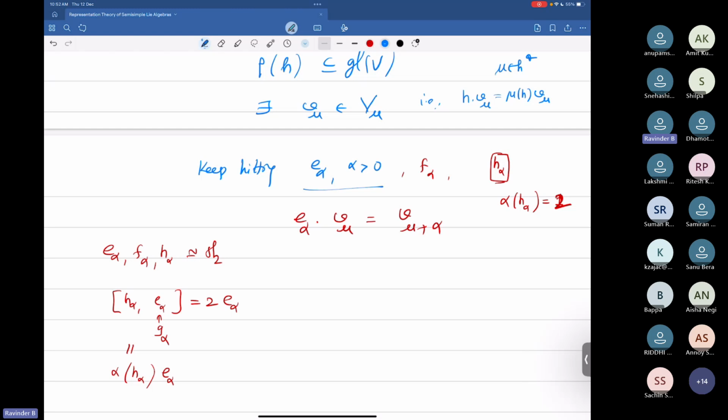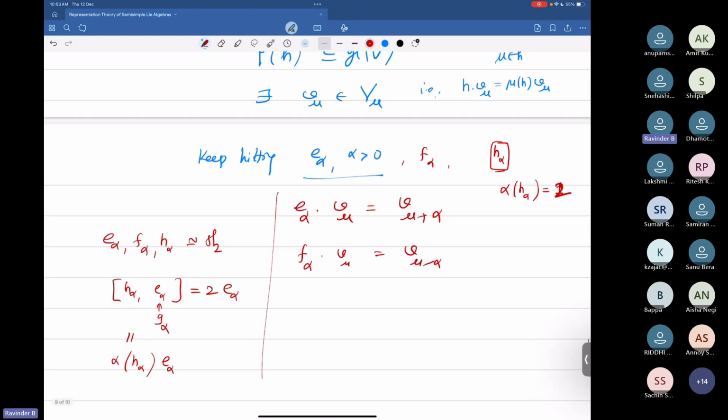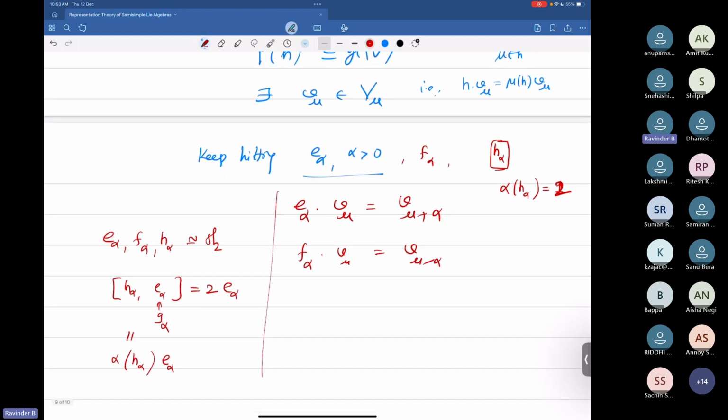So weights will keep increasing. And also, if you hit with F alphas, the weights will decrease. If you keep hitting with E alphas, the weights will increase and increase. So it's the same argument: you are in a finite dimensional space, and you can evaluate at one point where the eigenvalues are all distinct, namely rho check if you want, whatever it is.